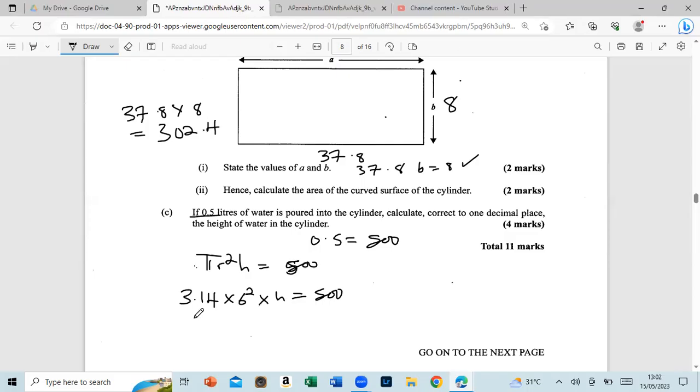And that equals 500. So let's work this out. 3.14 times 6 squared, which means 6 times 6, which is 36, times h. Use a calculator, punch that in. That works out to 113.04, and we times it by h, and that must equal 500.